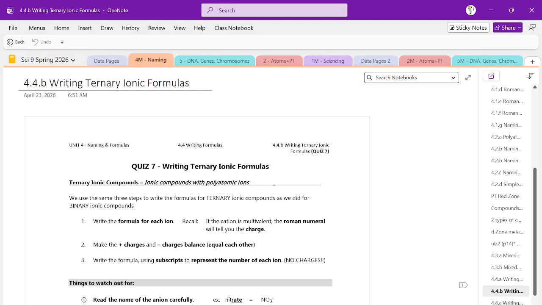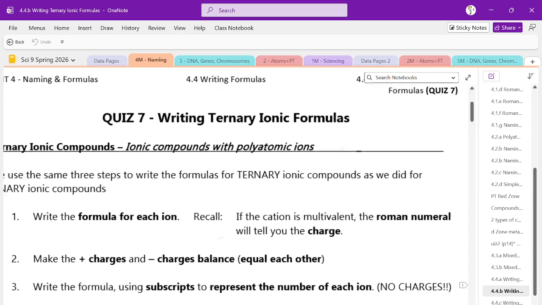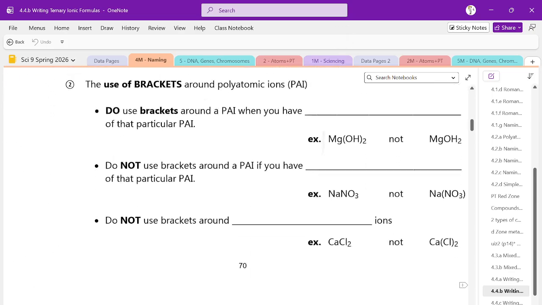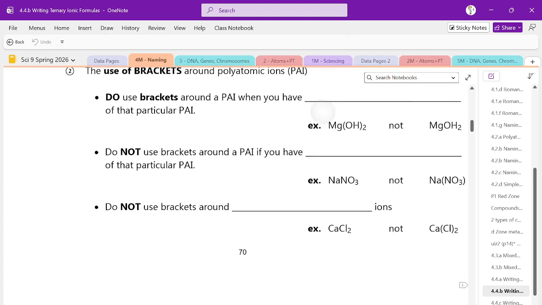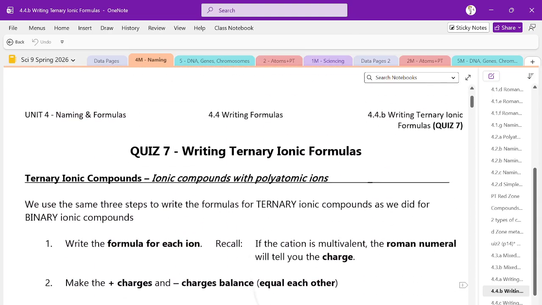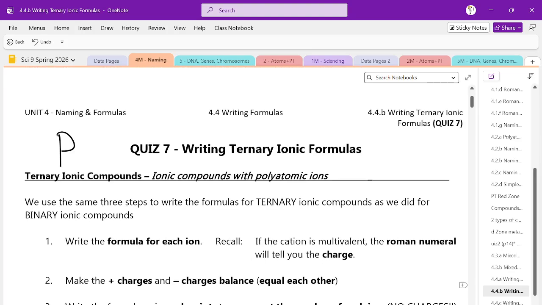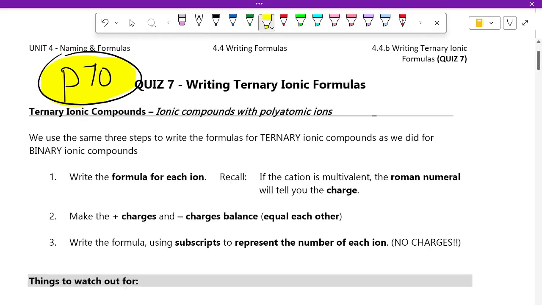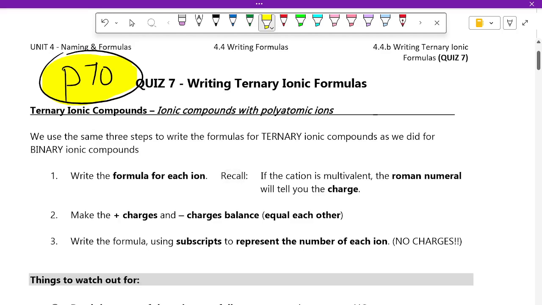We are also going to do some, we call them, this is page 70. Could you turn to page 70, please? So I haven't spent much time talking about this.